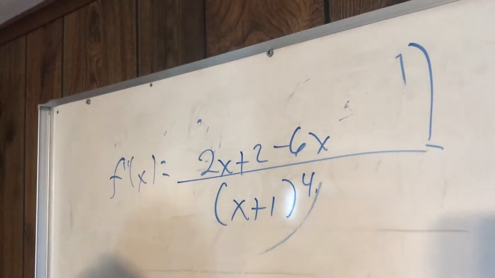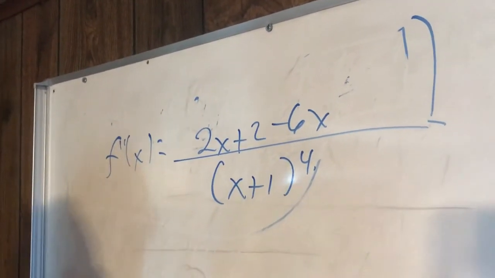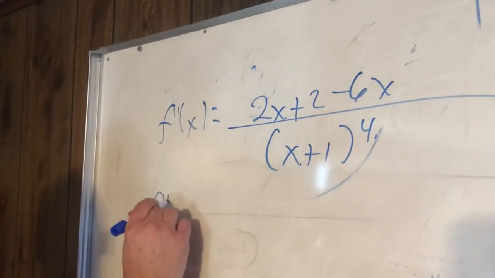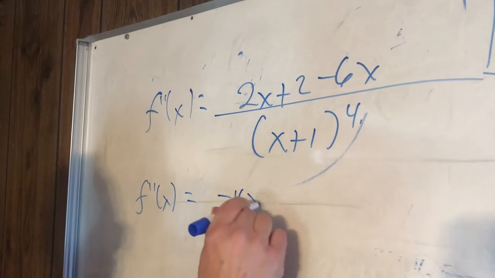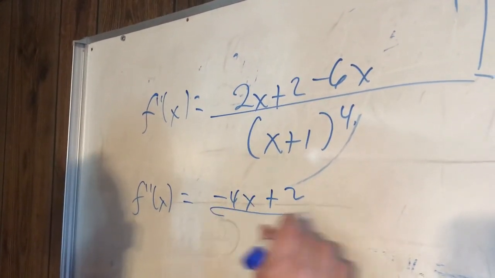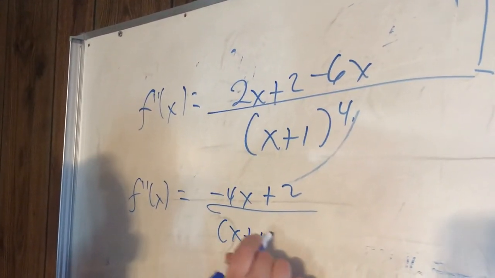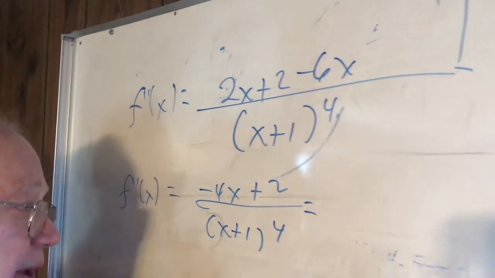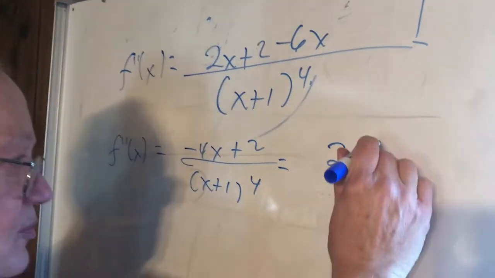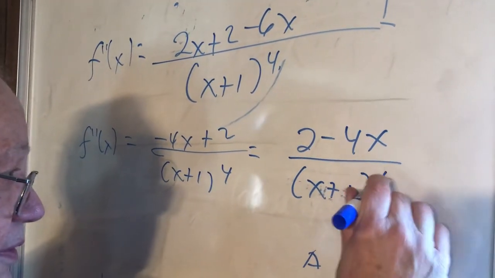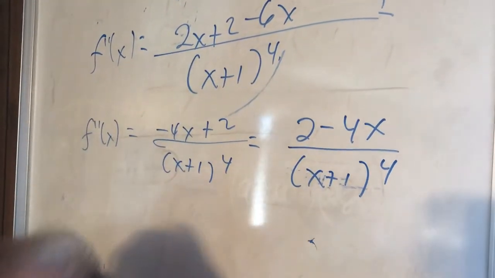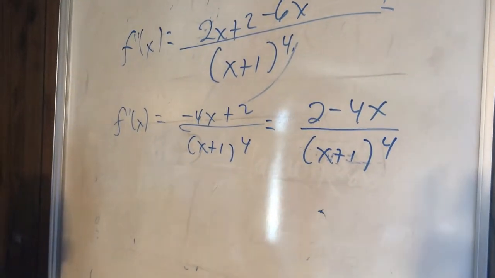And hopefully we get what we got here, right? f double prime of x comes out to equal minus 4x plus 2 over (x plus 1) to the fourth. Or if we want to write it in a different form, 2 minus 4x over (x plus 1) to the fourth. And that's exactly what I have down here.